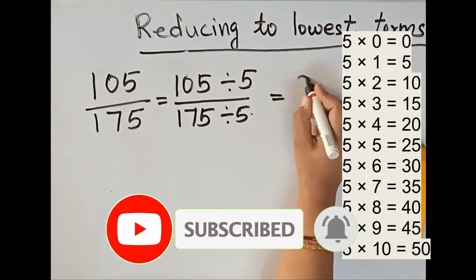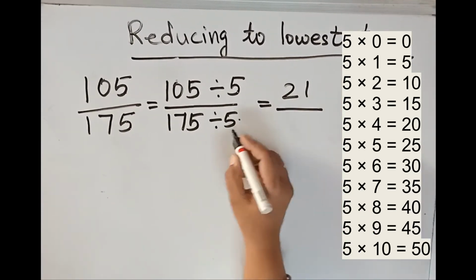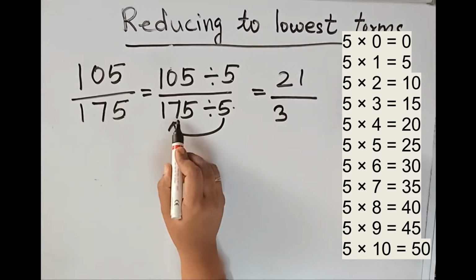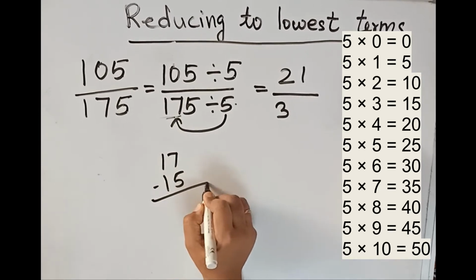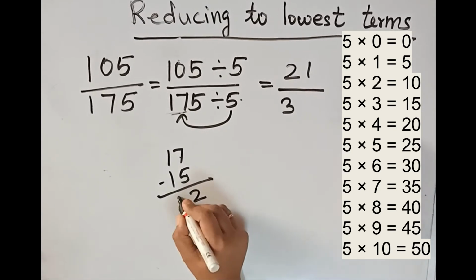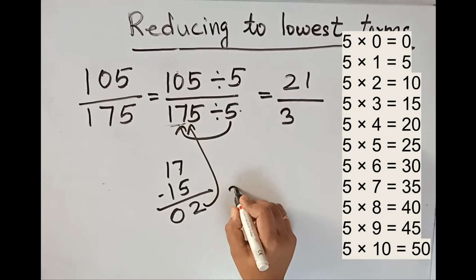If I have chosen 5, I have to use the same number in the numerator and the denominator. 5 2s are 10, 5 1s are 5, 5 3s are 15. Now children, here it is 17. 17 minus 15, 7 minus 5, 2 is remaining. 1 minus 1, 0. Now this 2 we add here, so it becomes 25.